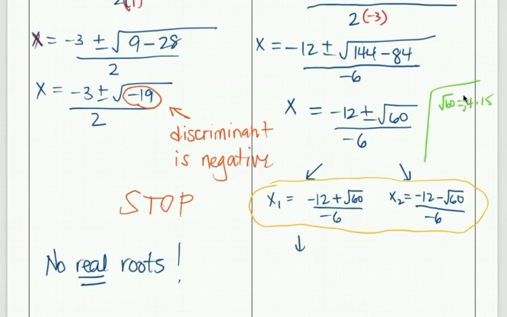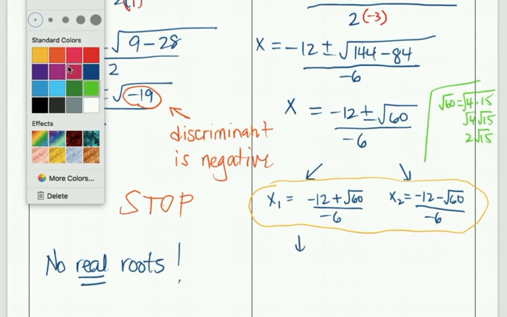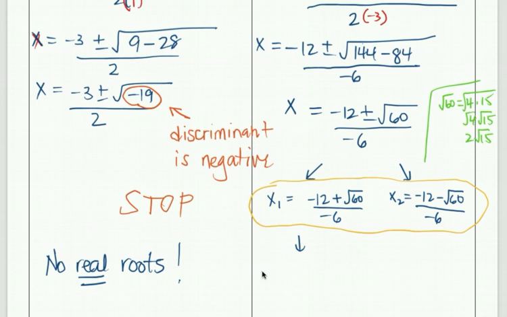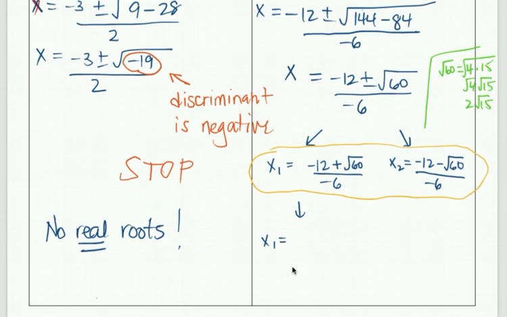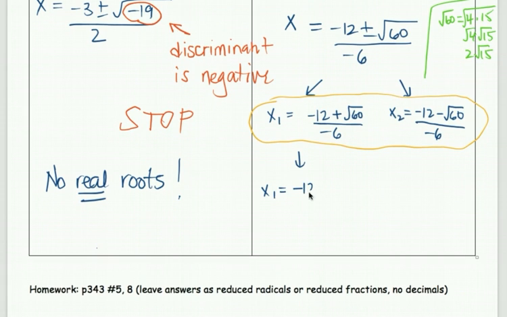And if you square root them both, you get 2 root 15. All right, so go through and replace the root 60 with 2 root 15.